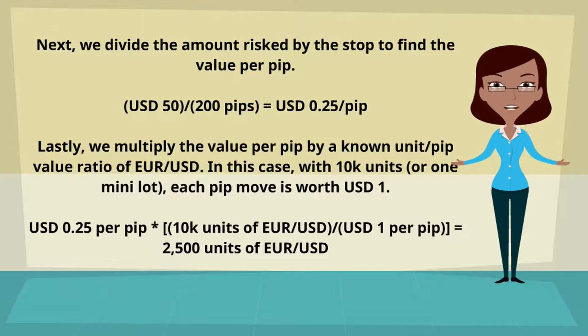Lastly, we multiply the value per pip by a known unit per pip value ratio of euro to US dollar. In this case, with 10k units, or 1 mini lot, each pip move is worth $1. 25 US cents per pip multiplied by 10k units of euro to US dollar, divided by $1 per pip, equals 2,500 units of euro to US dollar.